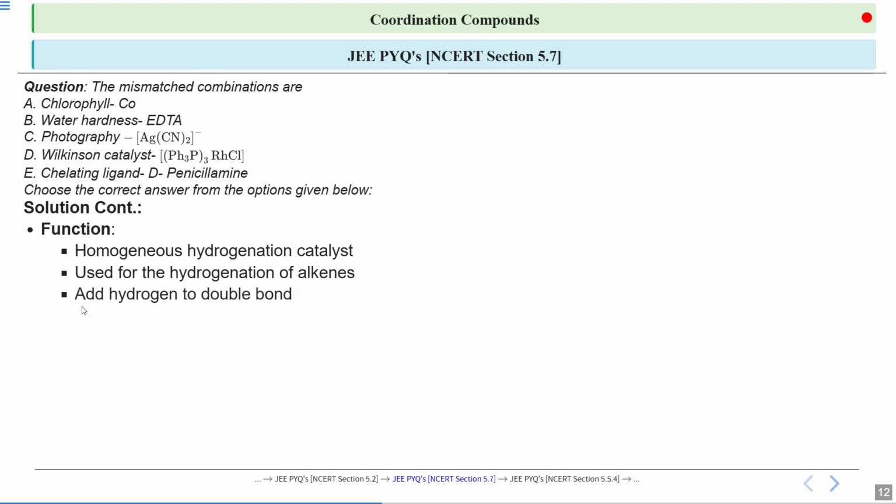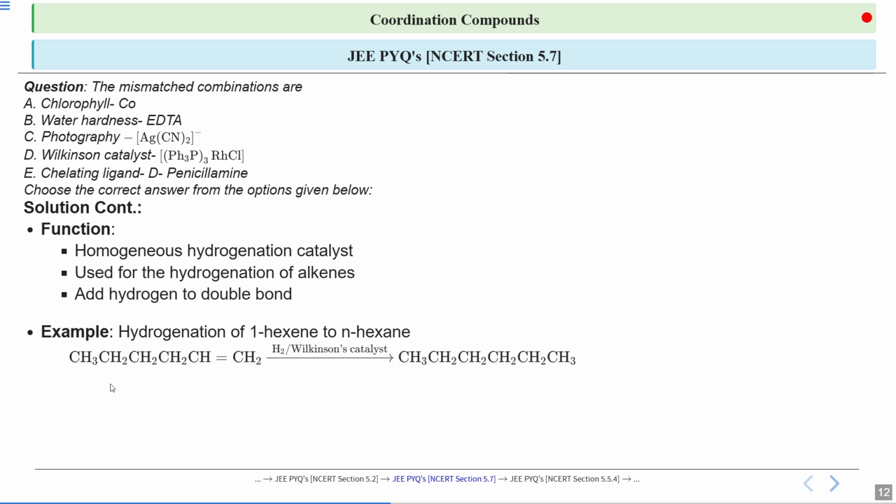We add hydrogen to the double bond to convert it into alkanes. An example is the hydrogenation of 1-hexene to n-hexane. 1-Hexene has one double bond between 2 carbons in a 6-carbon chain, and with Wilkinson's catalyst hydrogenation, it converts to n-hexane, a single-bonded carbon chain.